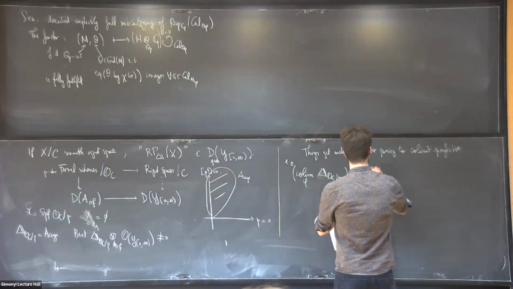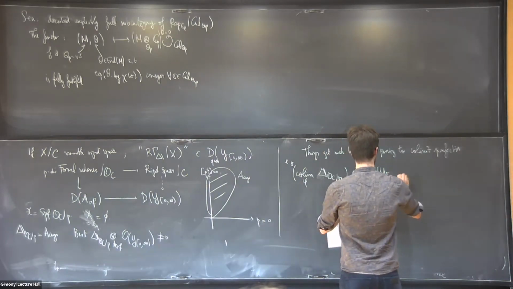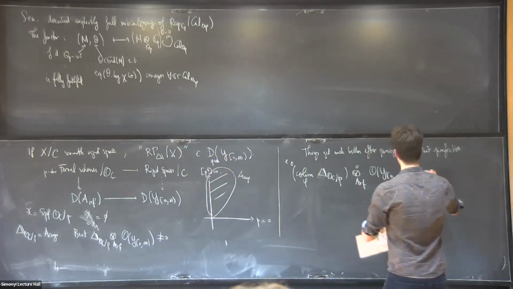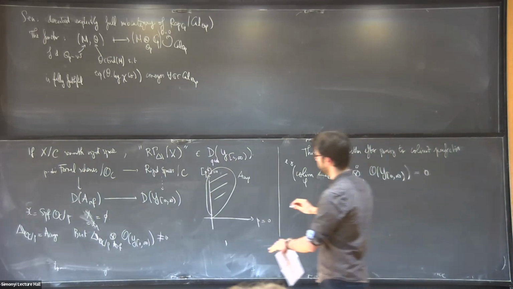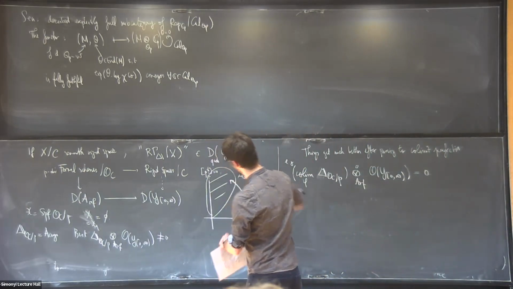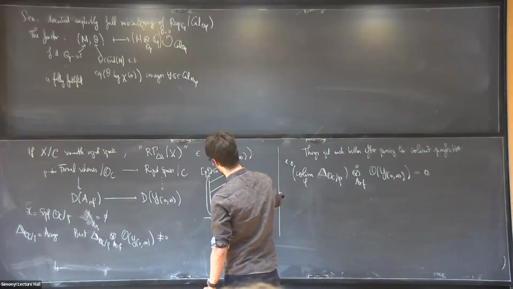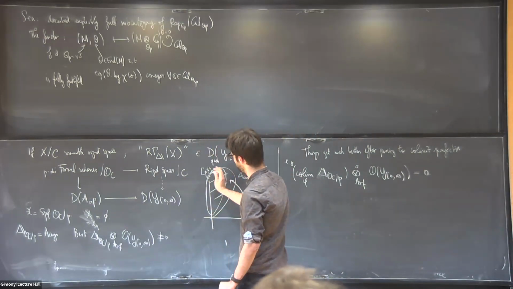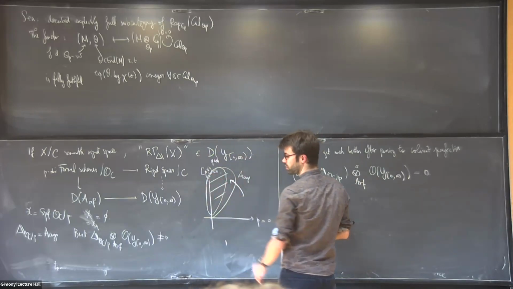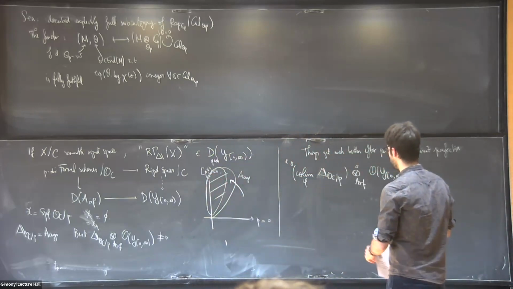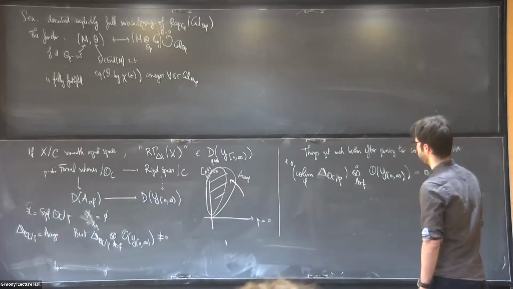One takes the completed tensor product. This will actually vanish because somehow the Frobenius is moving everything in this direction, and so after applying Frobenius once, you get something which lives here, and then you move more and more to the left of the picture, and this makes the completed tensor product vanish.